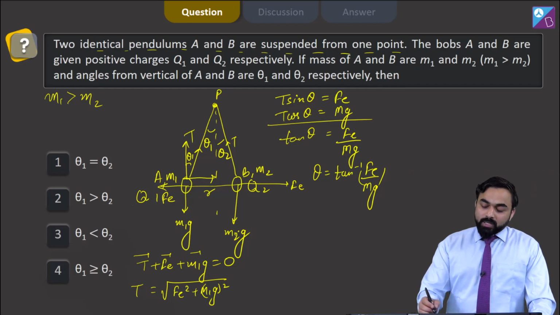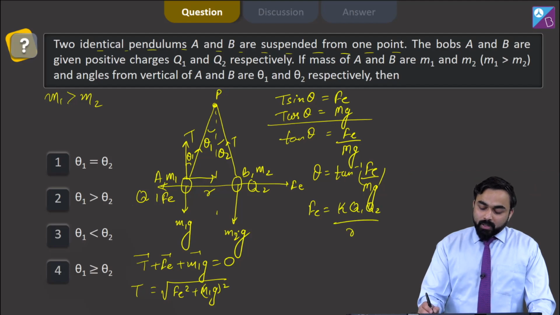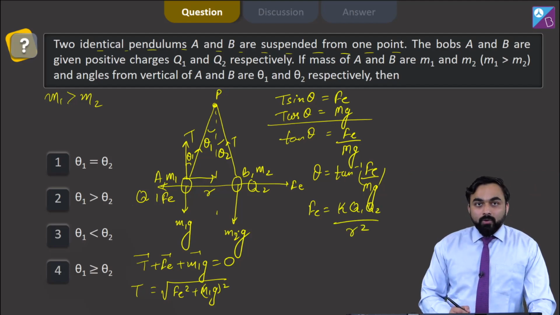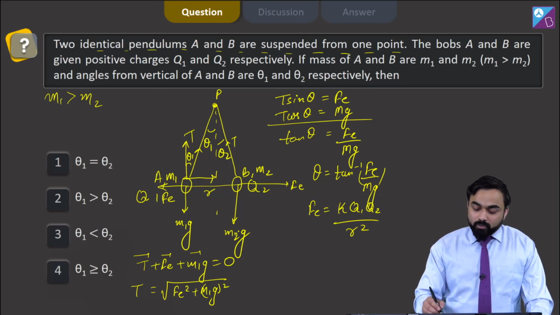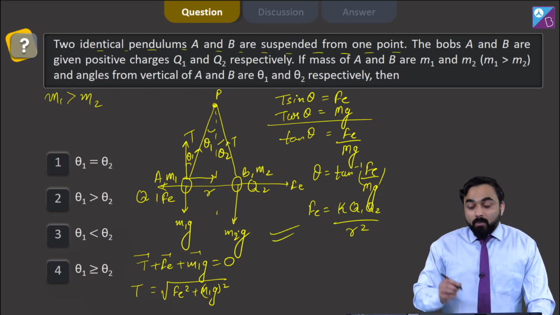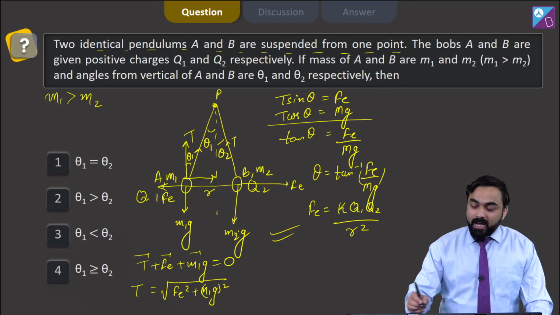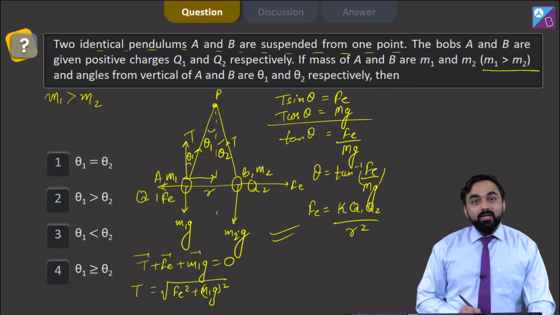Clear? Now this Fe here is equal to k q1 q2 over r square. If it was a case when theta 1 is equal to theta 2, this is how we would have solved it. But here the difference lies at m1 greater than m2.